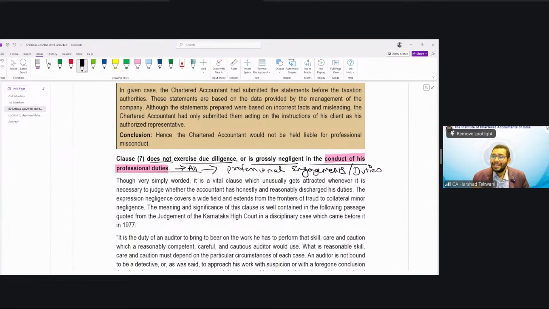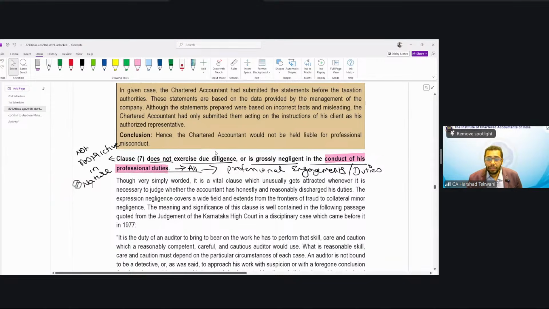That includes signing the resignation form that is required to be uploaded to the MCA. So I will not restrict the application of clause 7. Clause 7 is not restrictive in nature, unlike the other clauses that we have discussed.